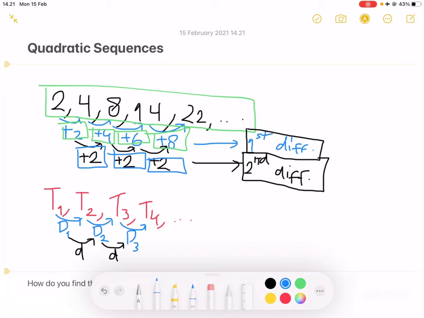A quadratic sequence is a sequence where the second difference, or the difference of the difference, or whatever term you like to call it, will be constant throughout the whole sequence, meaning it will always be the same.